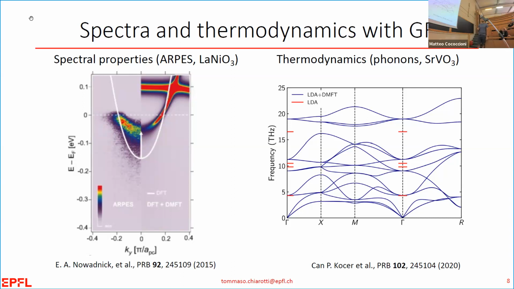Kohn-Sham DFT is terribly wrong. It has to be wrong for a fundamental reason. It also doesn't predict the different weights of the spectrum as you go along the band. But the cool thing with Green's function theory is that you have an energy functional.